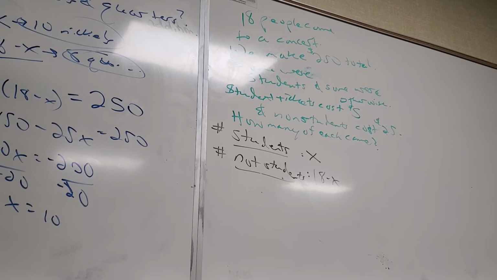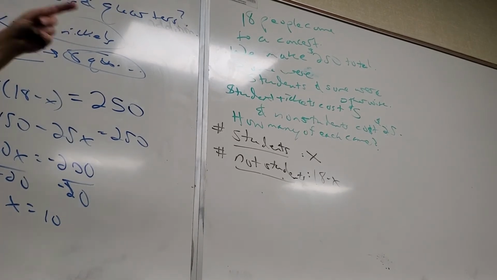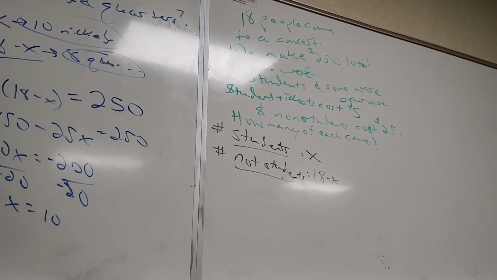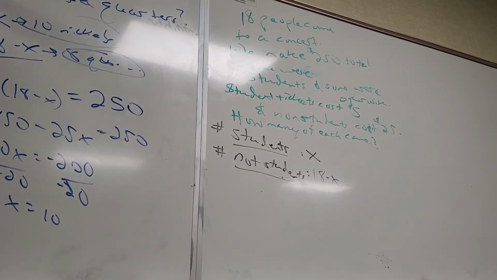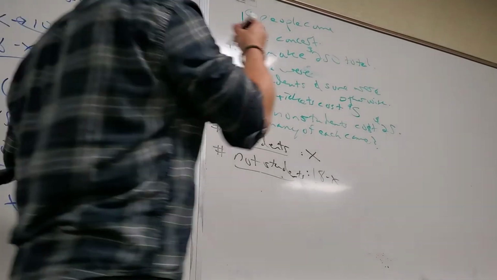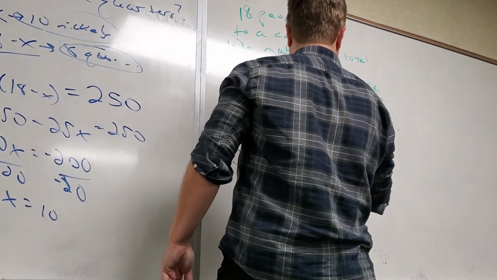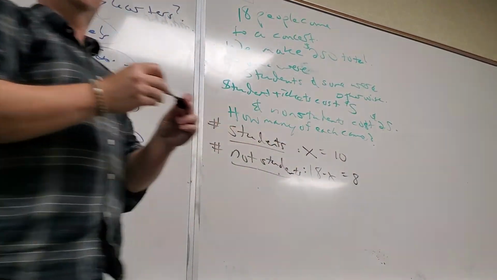Of course it did. Wouldn't you say that these situations are very different? Of course you would. But we actually have an equation that models both. So the answer will be 10 students and 8 not students.